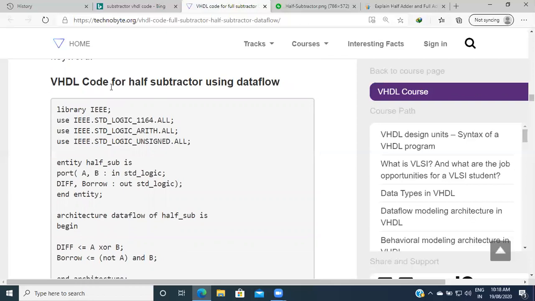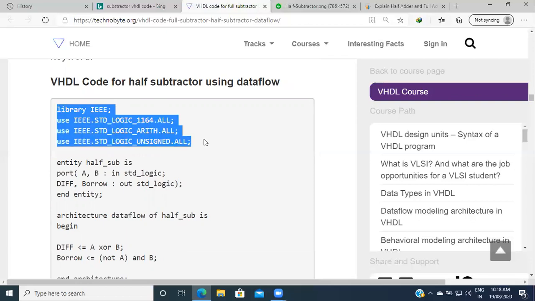Then for this full subtractor, in that full subtractor we are using the entity declaration, library declaration is same. For this half adder, this is also same. For this full adder, this is also same. Use IEEE.std_logic_1164.all.